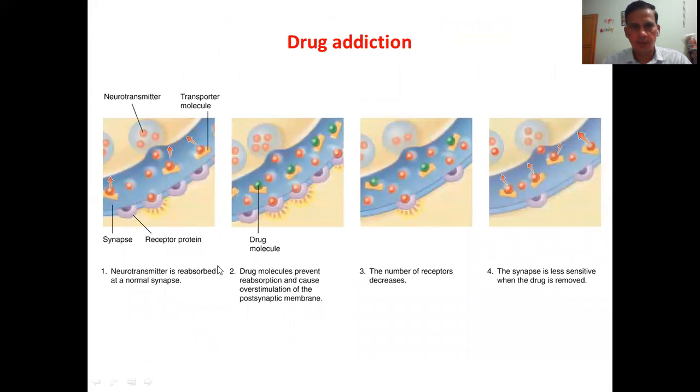Okay, so let's see this particular slide here. Here, this is a normal instance where the neurotransmitter is released. It is transported by a molecule and taken up by the axon.